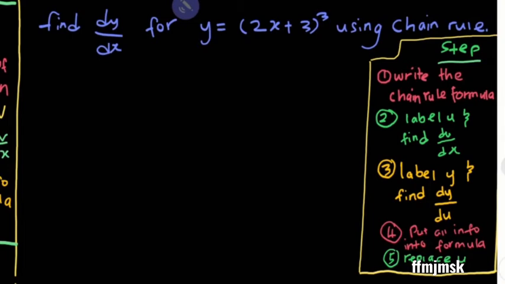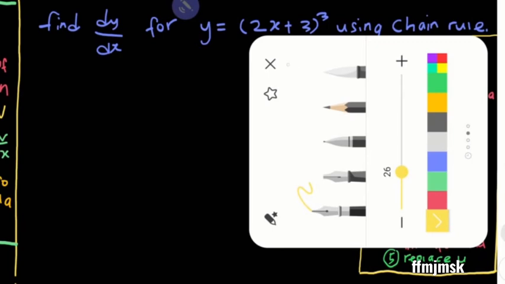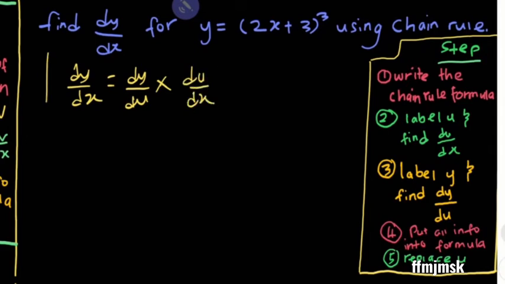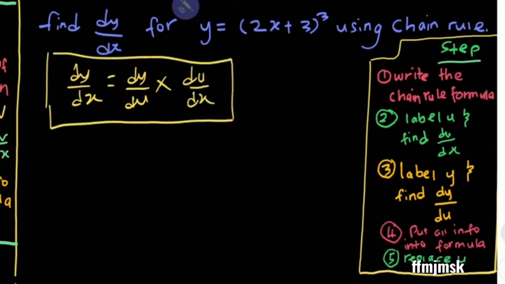So the chain rule formula is given by dy over dx is equal to dy over du multiply with du over dx.